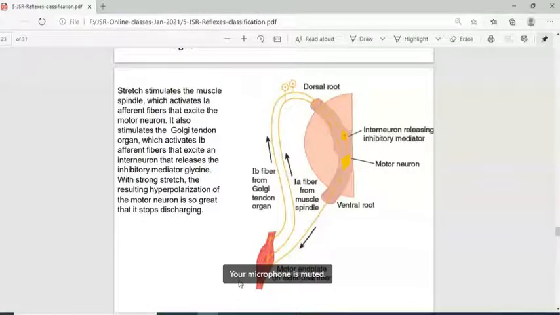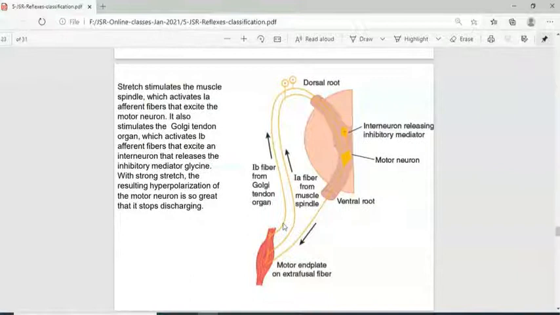This is a picture from textbook Canon. In this picture, two reflexes are shown. One is the stretch reflex, which stimulates the muscle spindle, which activates 1A afferent fibers. 1A afferent fibers are this one. They are going from the muscle spindle. Okay.